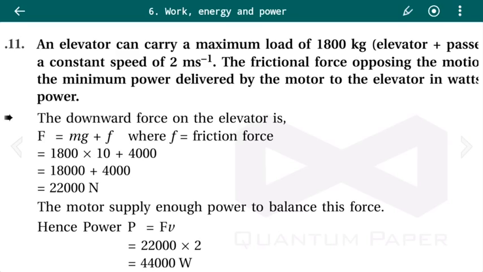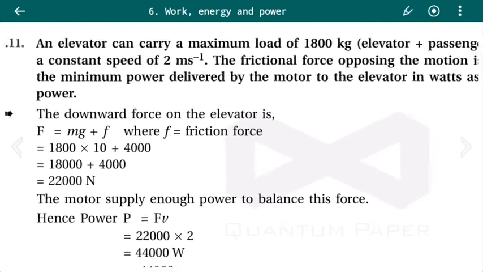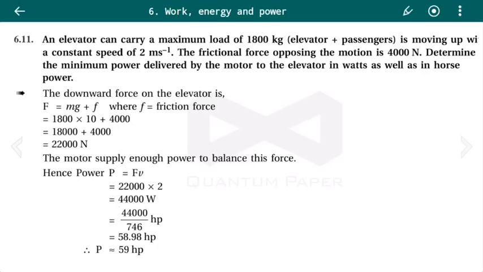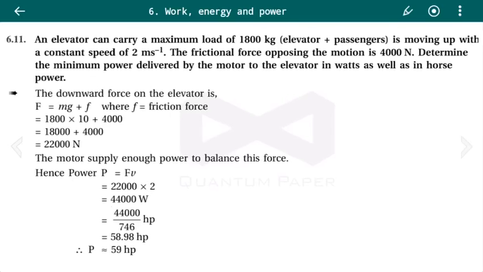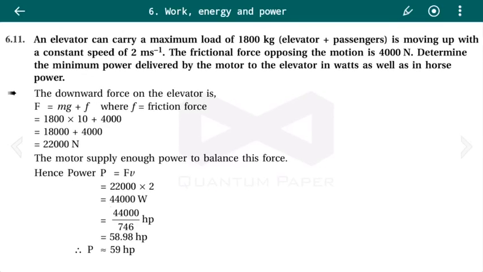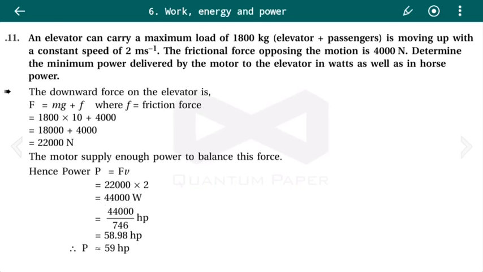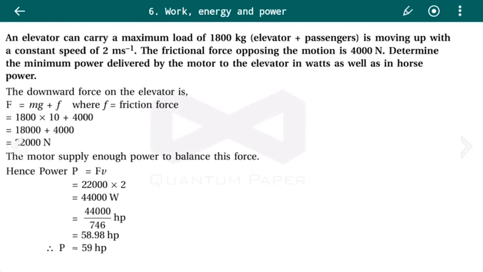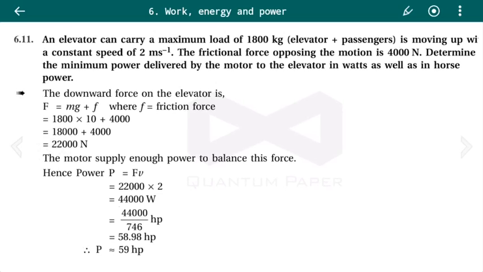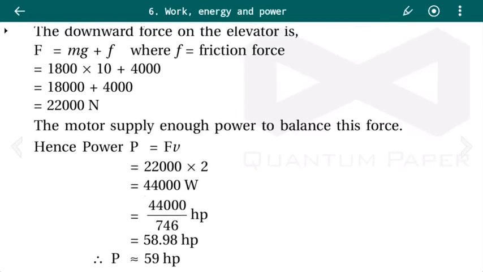The downward force on the elevator is F equals mg plus F, that is the gravitational force and the frictional force. So the total force, mg plus F, where mass is 1800, gravitational acceleration we are going to take as 10, plus frictional force, that is 4000 Newton. When we calculate this, we get 22,000 Newton.